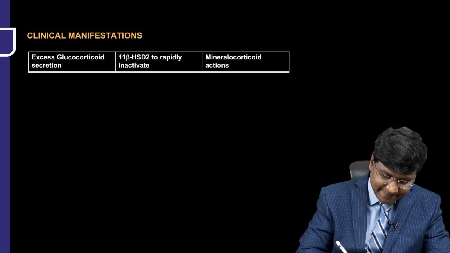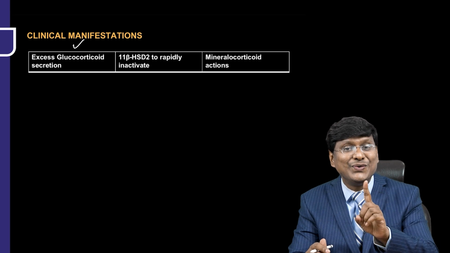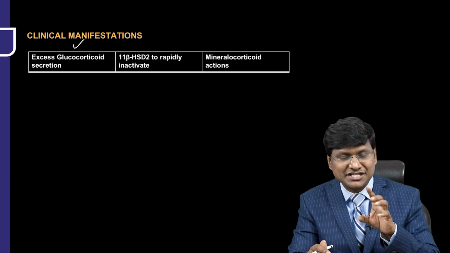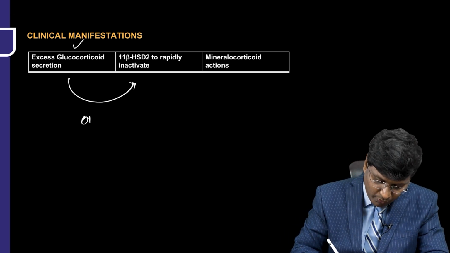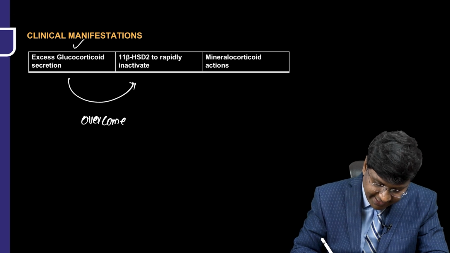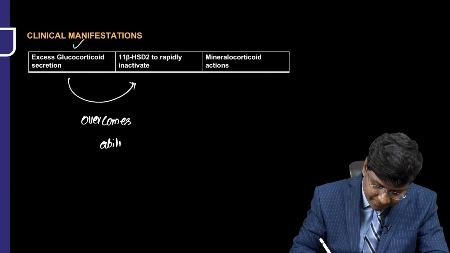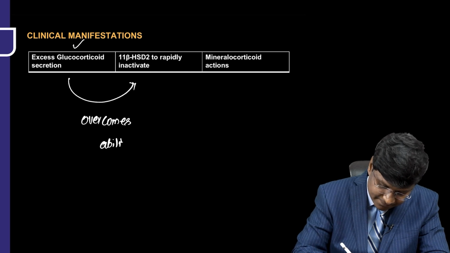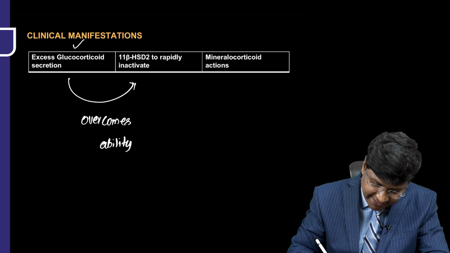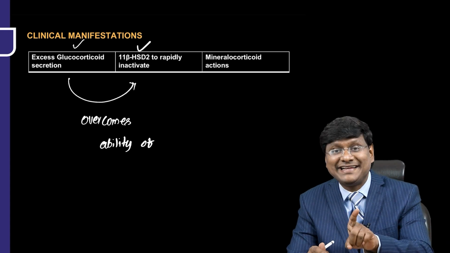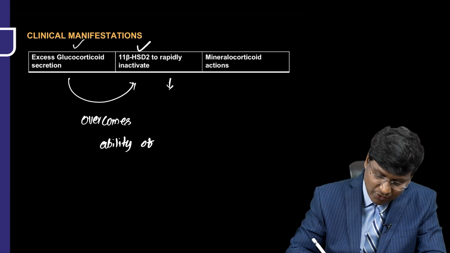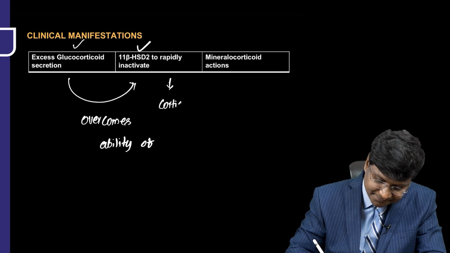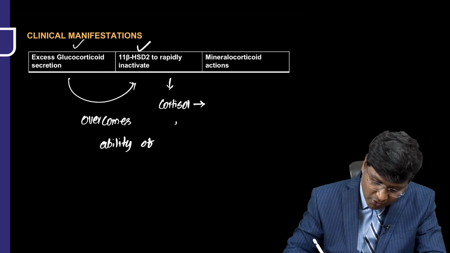Then followed by that, the excess glucocorticoid secretion occurring in Cushing's overcomes the ability of 11 beta HSD2 to rapidly inactivate cortisol to corticosterone.